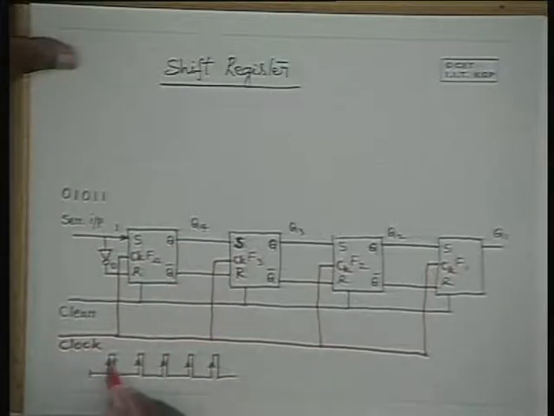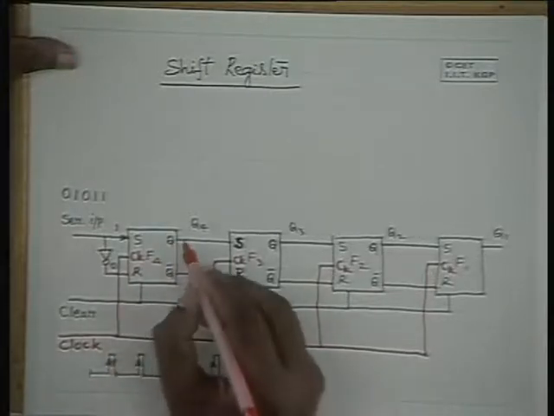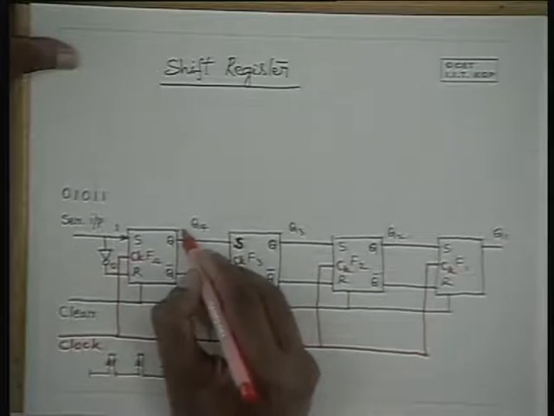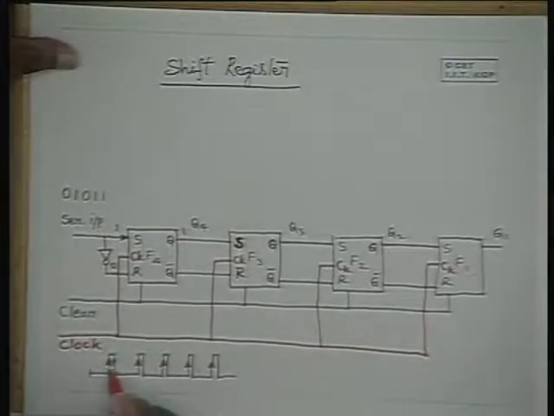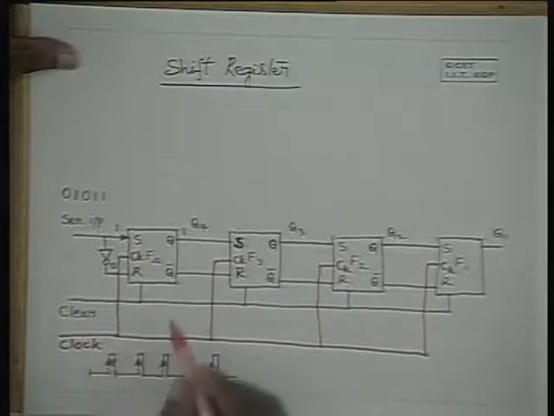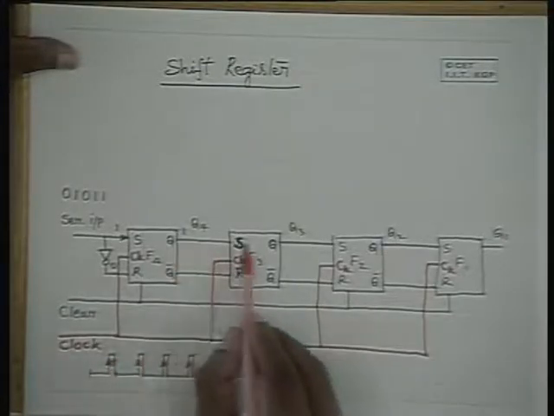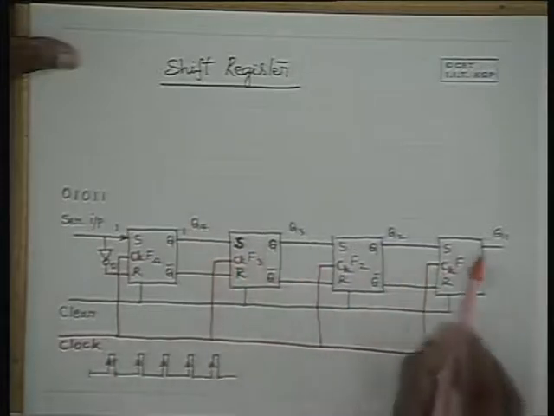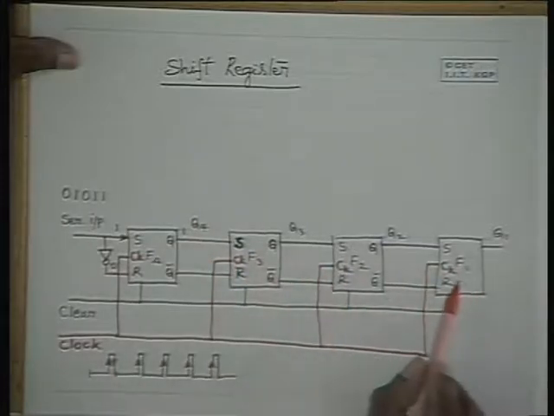Therefore at this instance, Q will be a 1. Then, initially, let us see what is happening with the other flip-flops.